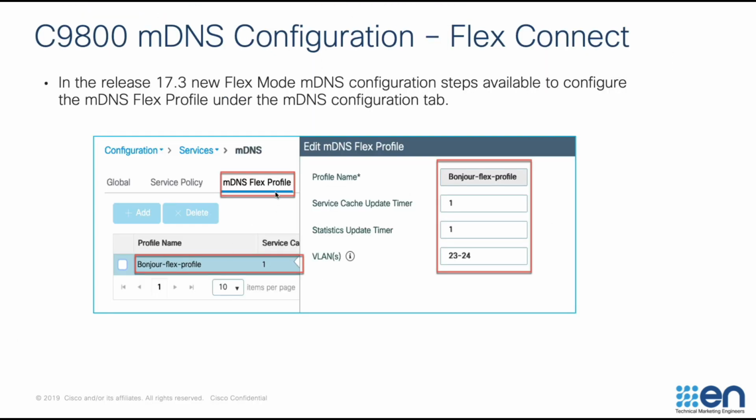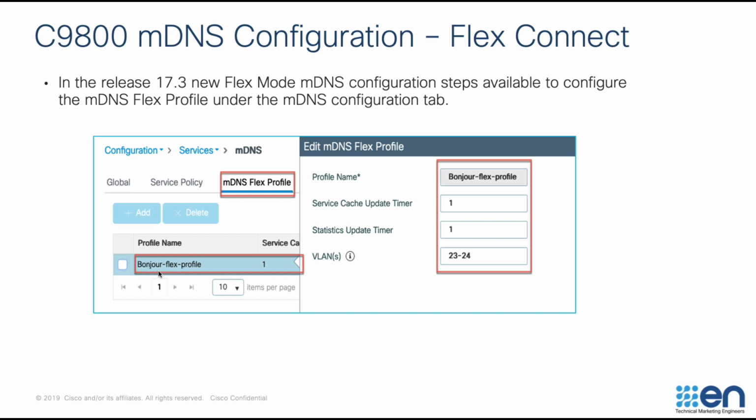As indicated, in release 17.3 you will see there's a new tab available under MDNS configuration for MDNS Flex Profile. So let's go ahead and create a Flex Profile for MDNS services.